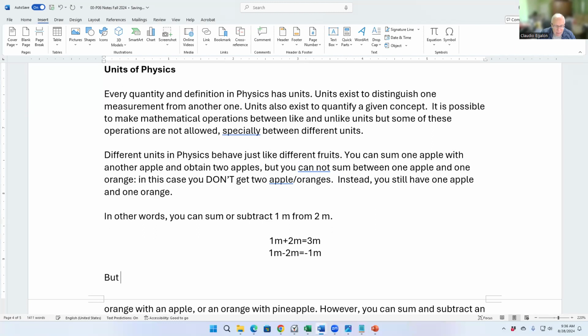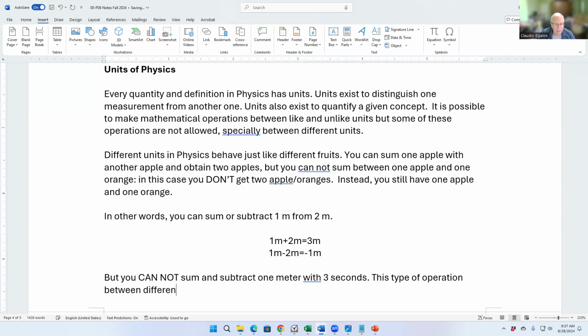But you cannot sum or subtract 1 meter with 3 seconds. There's no such type of operation. This type of operation between different units is not allowed.